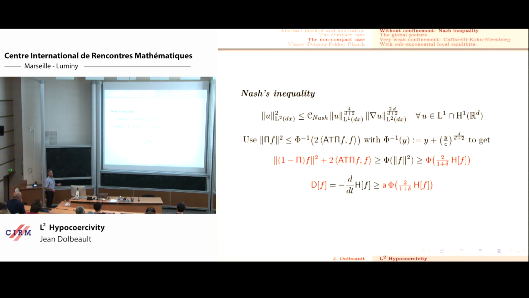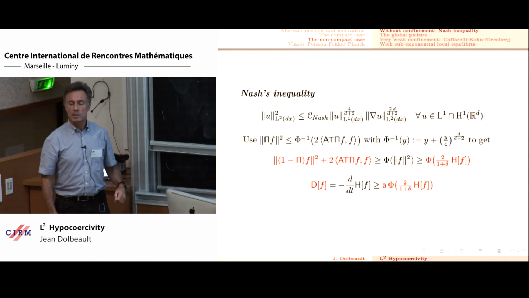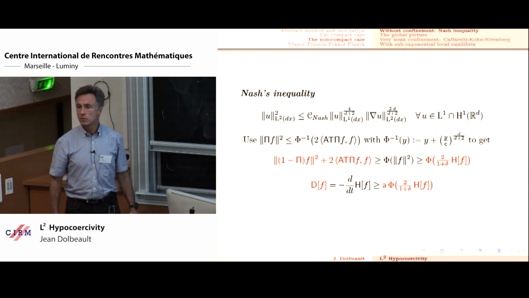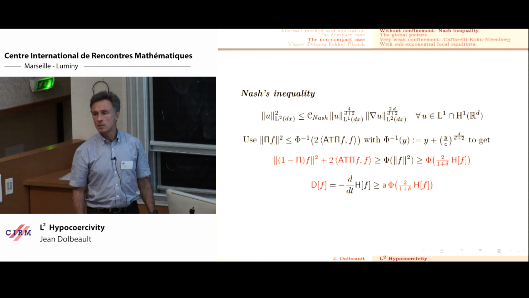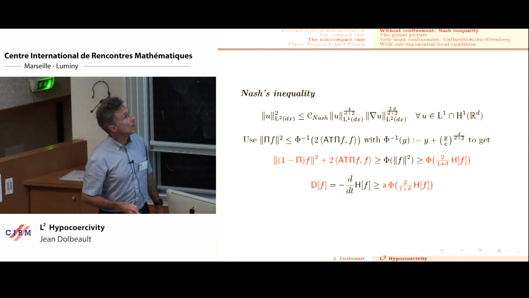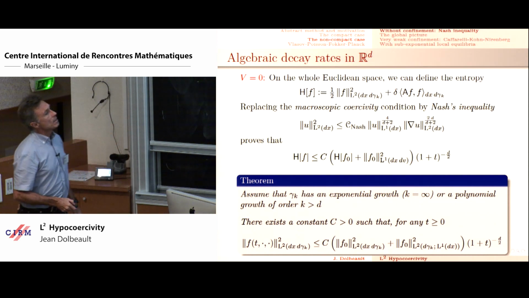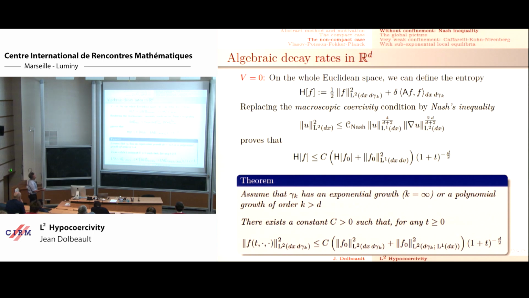Okay, so now you are in business, you can use a Grönwall inequality, reinject this, and that's the way you get a decay rate, which is now algebraic, and you get the t to the minus d over 2 rate. Okay, so this is done at the level of the Nash inequality, and this is the statement which is here. Okay, so I just anticipated on this.